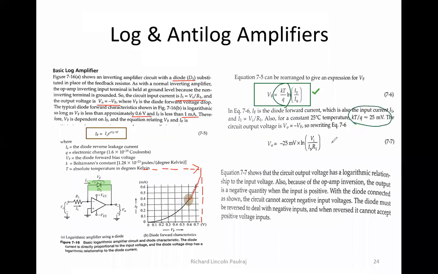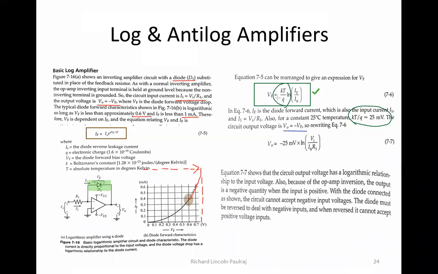The circuit output voltage V0, as we have seen, is the negative form of Vf, because it is connected to the inverting terminal. So V0 is equal to minus Vf.